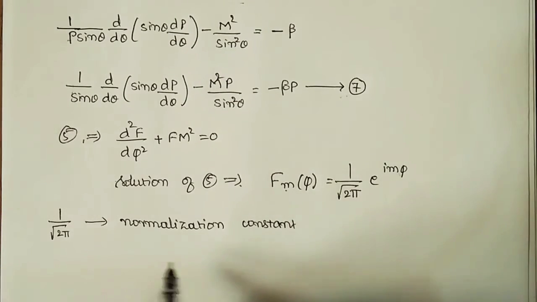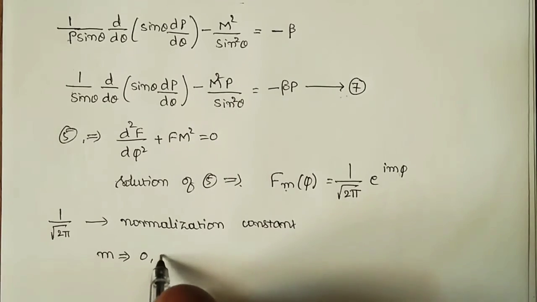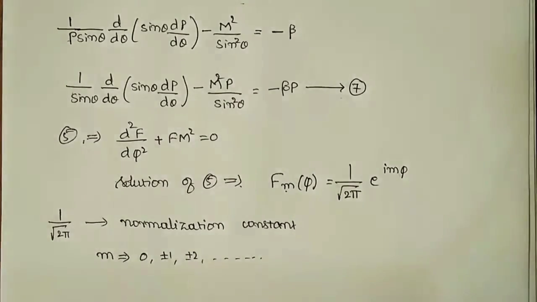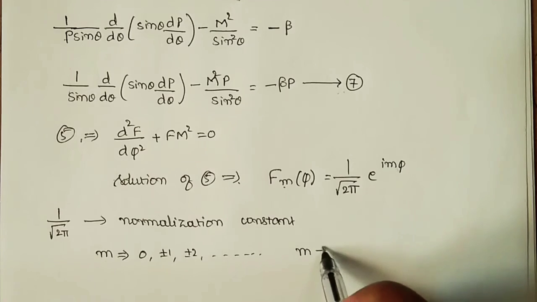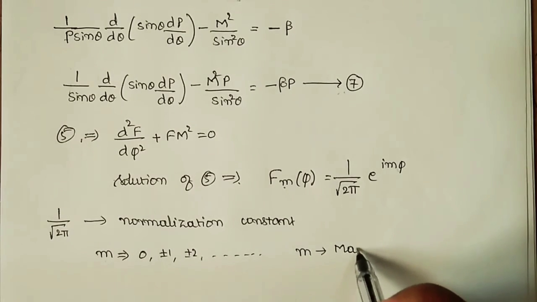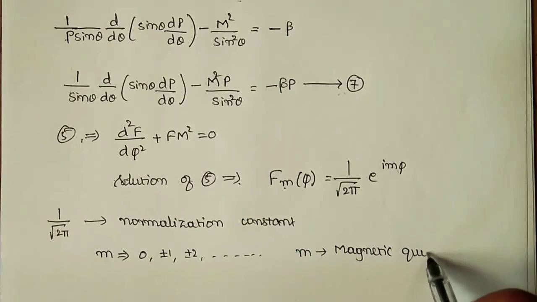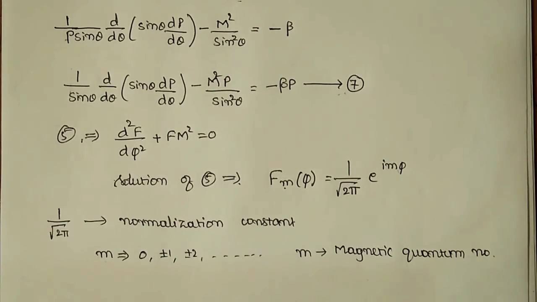This m can take values 0, plus or minus 1, plus or minus 2, like this it will take the values, and we actually call this term m as the magnetic quantum number.